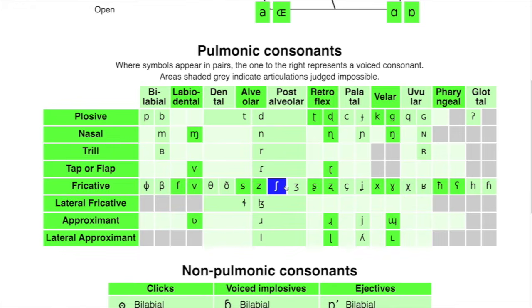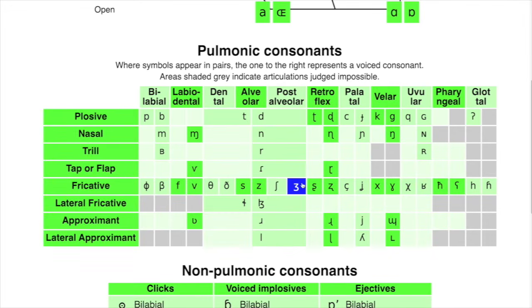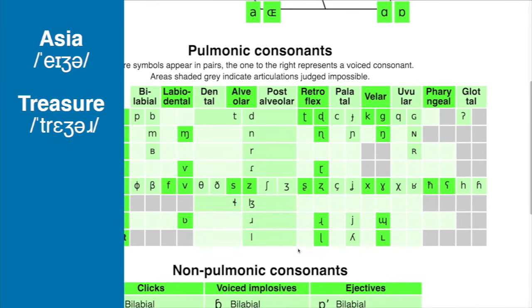And then this sort of stretched out S-looking thing here is what you might think of as an SH sound, as in share or sheep, but it also exists in words like ambition. And then this sort of three-looking thing here is the zh sound. So it's the J sound in French, but it also exists in English in words like Asia or treasure.